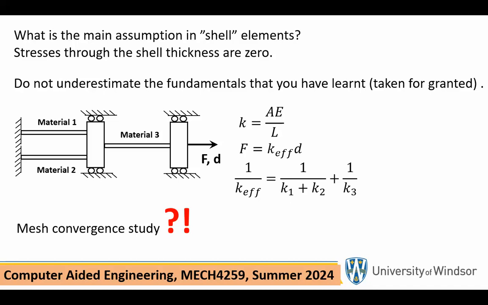And when I say compare the results of the two, you have to look at critical places. Don't just look at the top number in your contour legend and compare those, because those may be totally artificial, coming from the way you model the problem. So look at the critical spot and compare the two results.